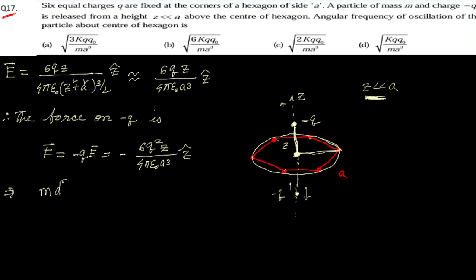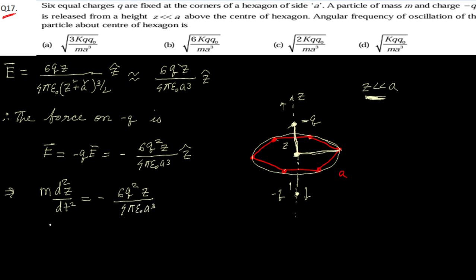M into d square z by dt square, since we gave the displacement along the z direction, is equal to minus 6q square z divided by 4 pi epsilon naught a cube.